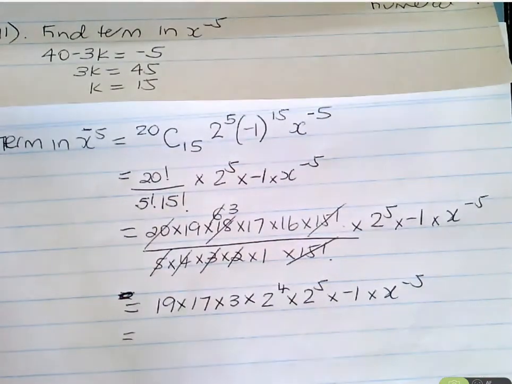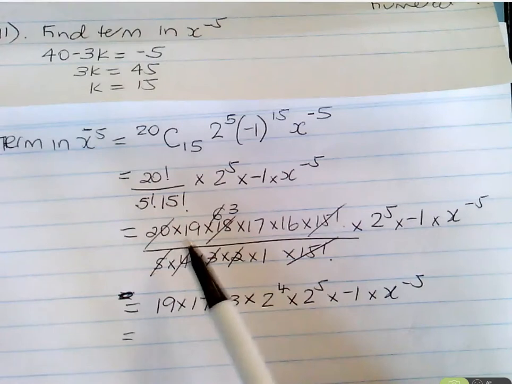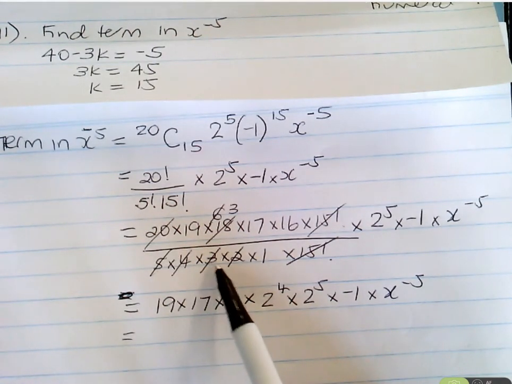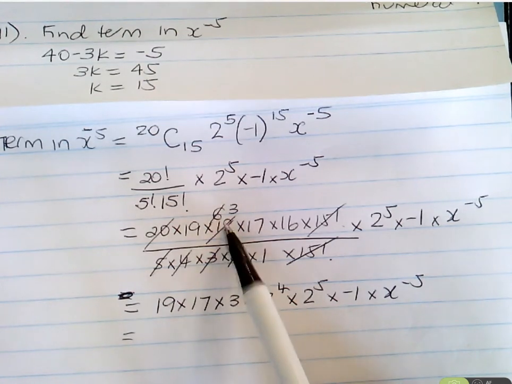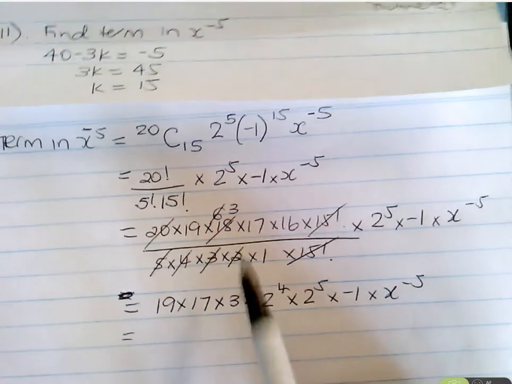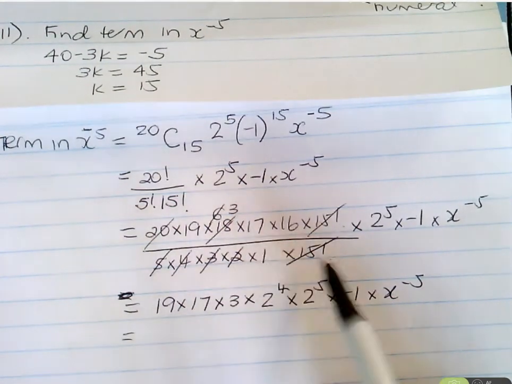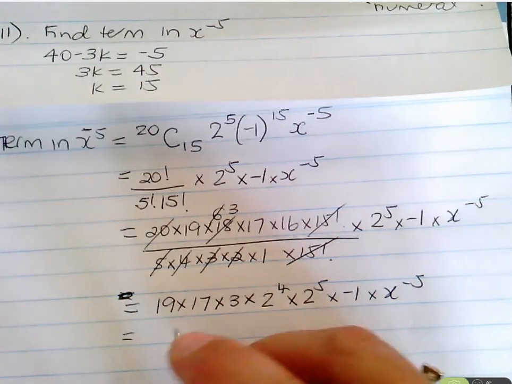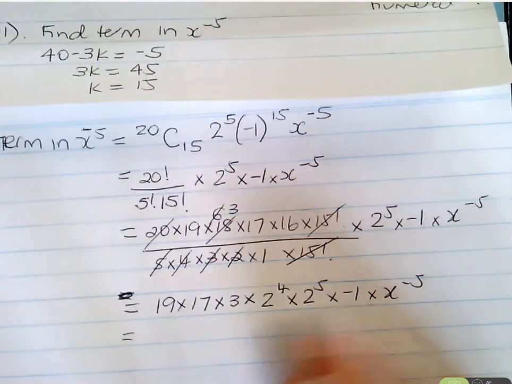So let's do it in order. When you write it as a product, we did 5 times 4 cancelled with the 20. We had the 3 times 2 is 6. It went into the 18 3 times. And then we're left with 19, 17, 3. We're writing 16 as 2 to the power of 4. So what have I got? Start with the smallest number, which is 1.